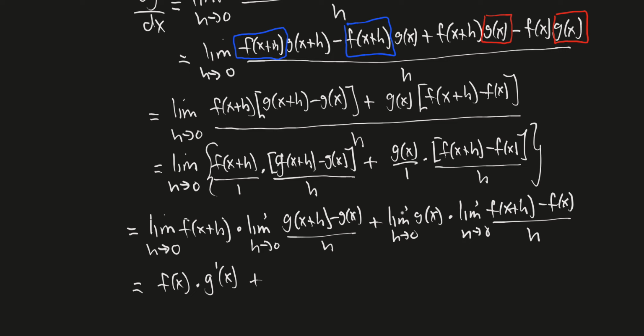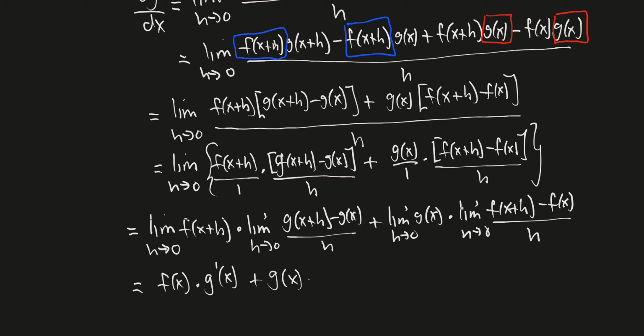Plus, this one now, of the four things that I've split up, this is the only one that doesn't have an h. So as far as the limit is concerned, this g of x just stays the same because there's no x that's affected by this limit, right? The function itself is not a constant, but because the limit is as h approaches 0 and there is no h here, there's no change to the g of x. So the g of x comes down.